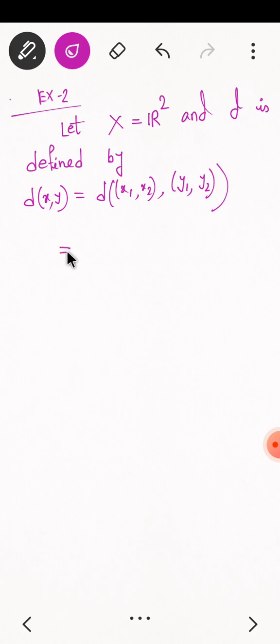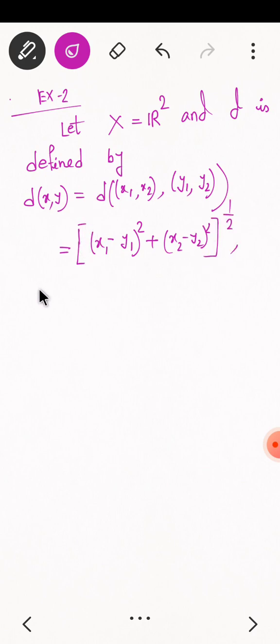We define this as the square root of (x1 minus y1) squared plus (x2 minus y2) squared, where x equal to (x1, x2) and y equal to (y1, y2) are two elements of R2.